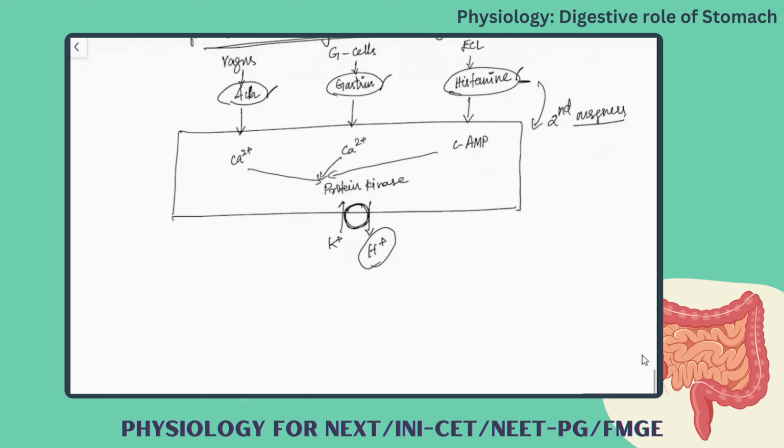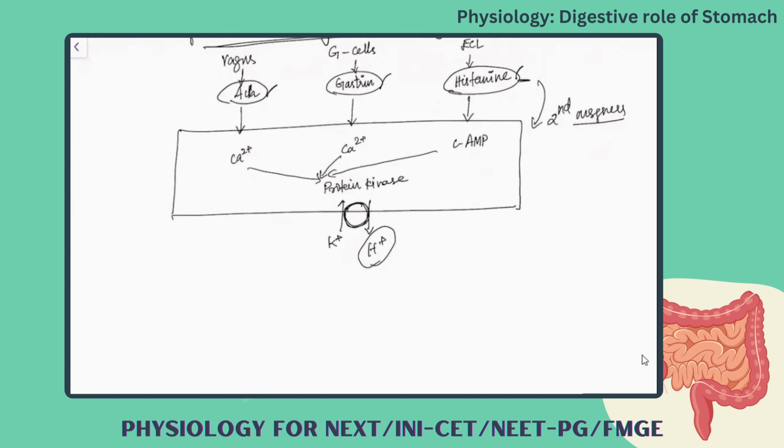So what are all the receptors we have seen? Here you have the receptor for ACh. What kind of receptor is it? Muscarinic receptors. For gastrin, you have a specific receptor called gastrin receptors. And for histamine, you have another receptor specifically termed H2 receptors.